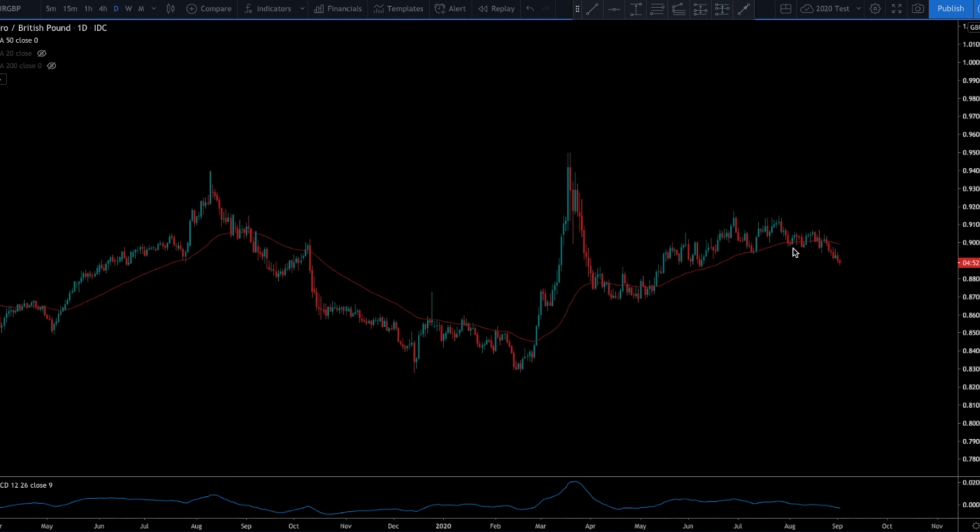Just like anything in technical analysis, there's not one factor that is going to provide an edge. You need to layer a 50 EMA with other technical analysis: trend lines, horizontal lines, price patterns.